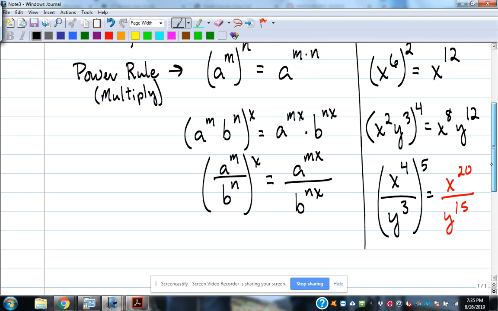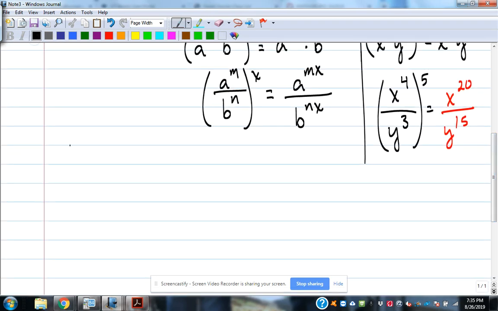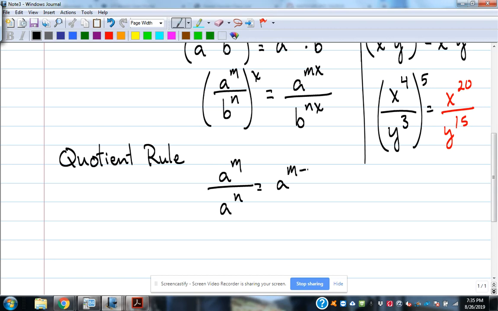All right, last rule is the quotient rule. Quotient, remember, is what kind of problem? Division problem. And if you add when you multiply, what do you do when you divide? You do the opposite, right? A to the m over a to the n. You subtract your exponents.